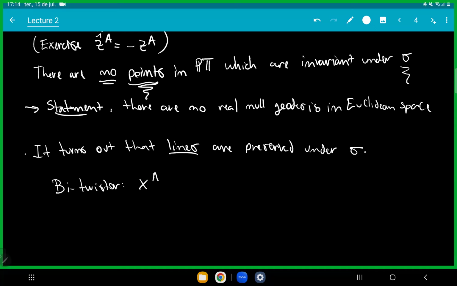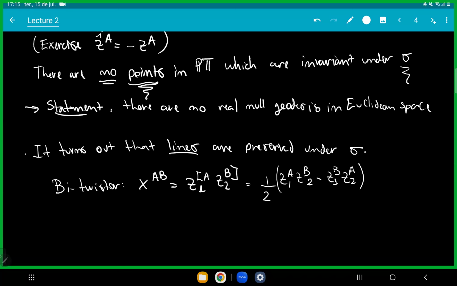A bi-twistor is something that carries two indices, and I write them as two coordinates, Z1A and Z2B, in which I take the antisymmetric product between these guys. There's usually a normalization factor here. So I just want Z1A Z2B minus Z1B Z2A.